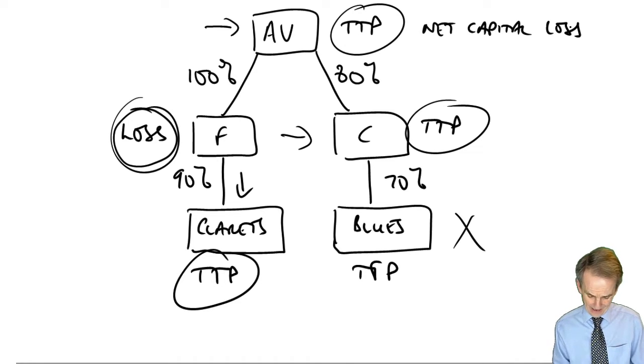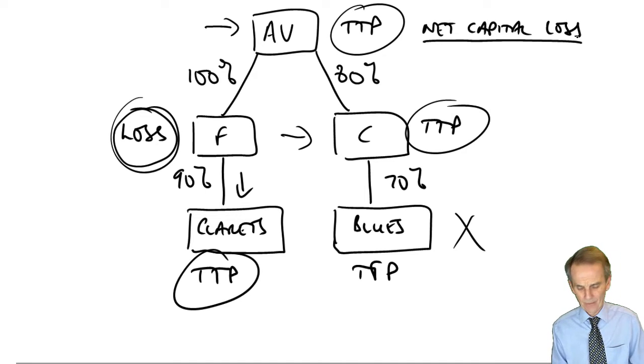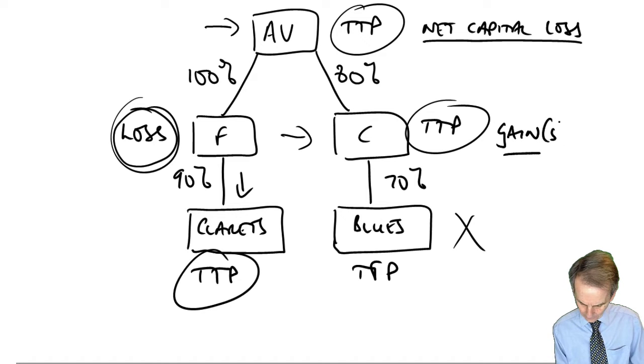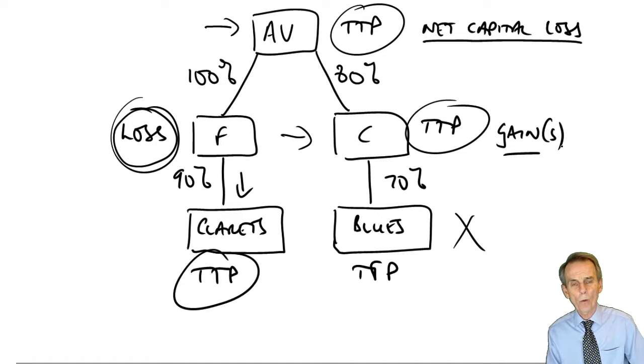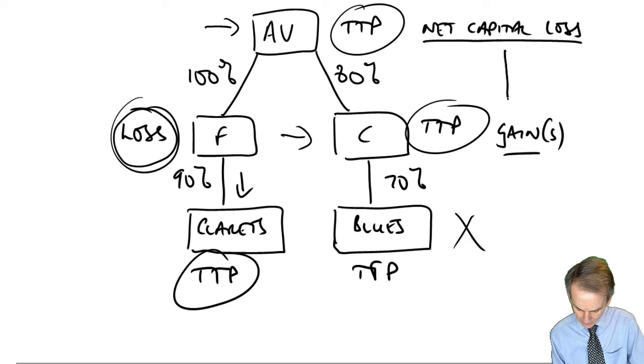Well, guess what? If now we had a net capital loss in company AV, or indeed we just have a loss in company AV, then if we had a gain, or indeed gains here within company C, then what we would be able to do as members of the same gains group is to either move that loss, or as much of that loss as you wish to, over to the company with the capital gain.